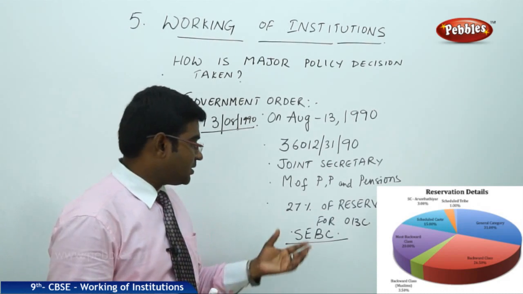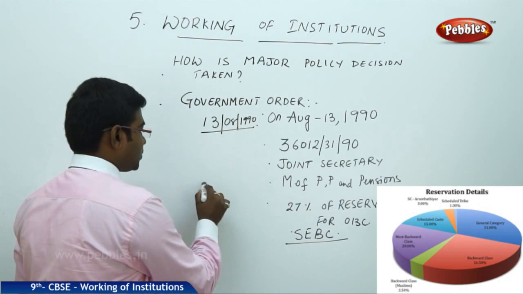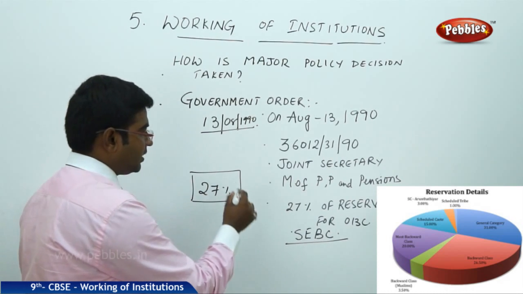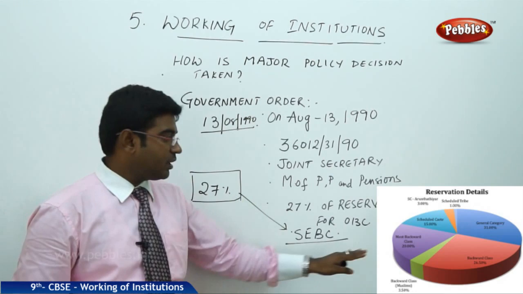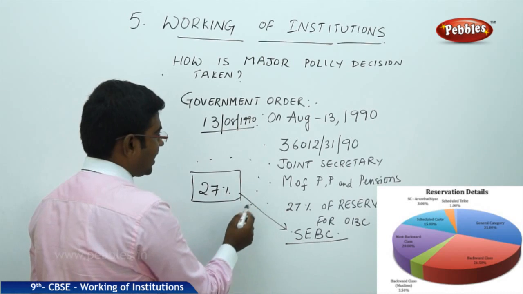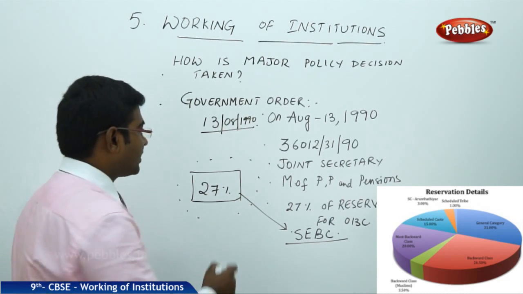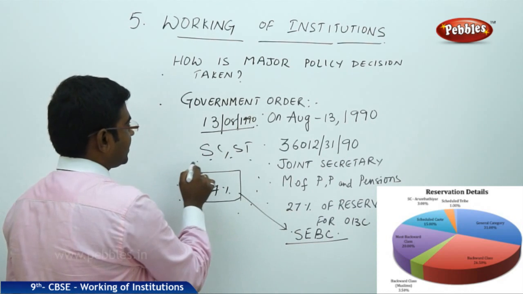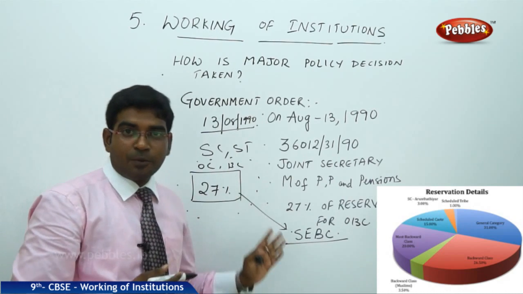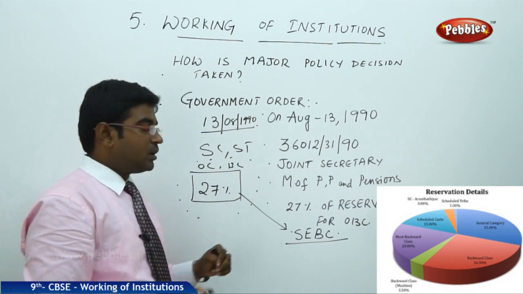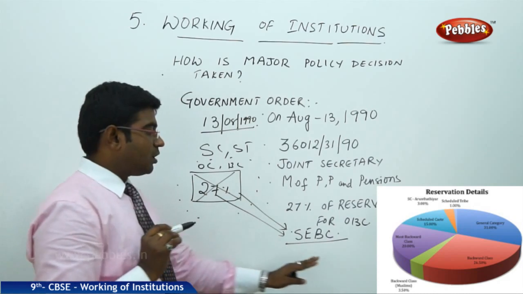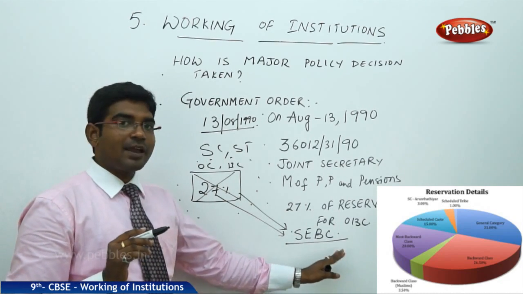In the similar way, when this particular percentage of seats, let us take this 27% of seats, are reserved for the SEBC community people or the OBC community people, other than this community, nobody else can use these particular seats. For example, SC, ST, OC, BC people cannot compete for these particular posts in the government issued order. So these particular seats will be given only to the people who belong to the socially and the economically backward classes.